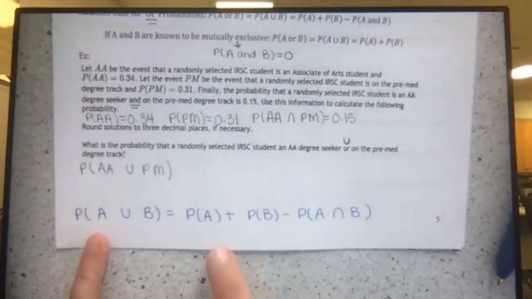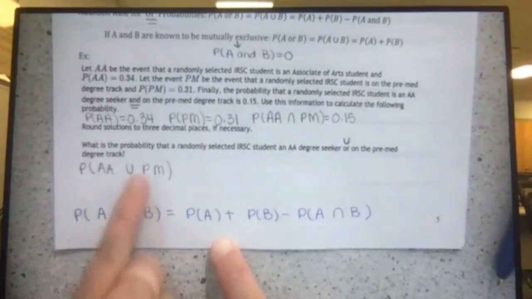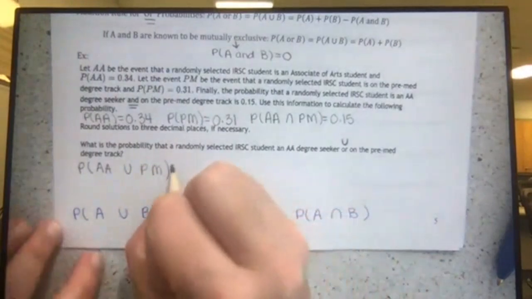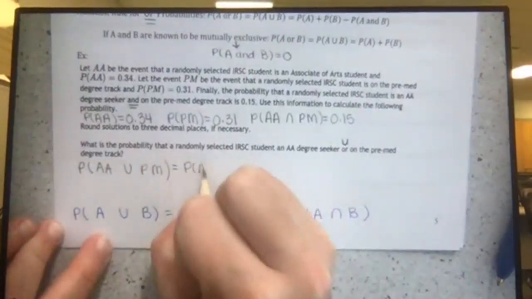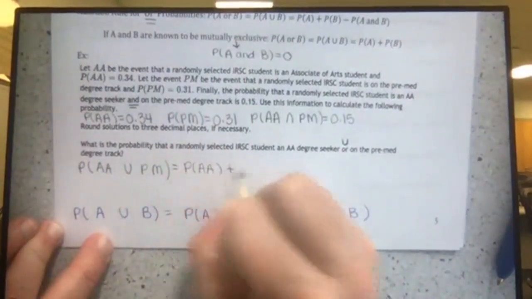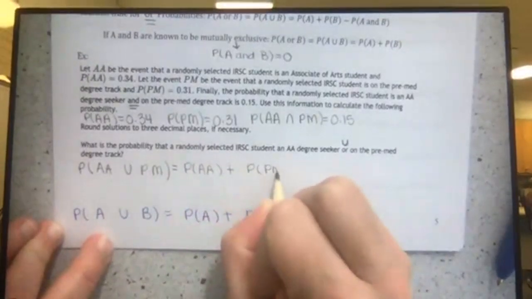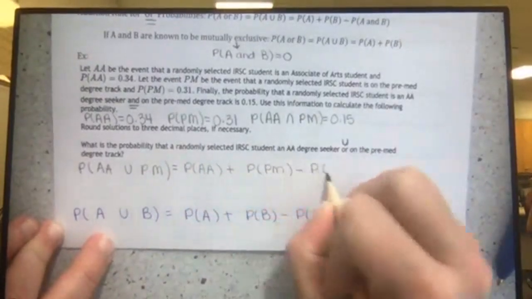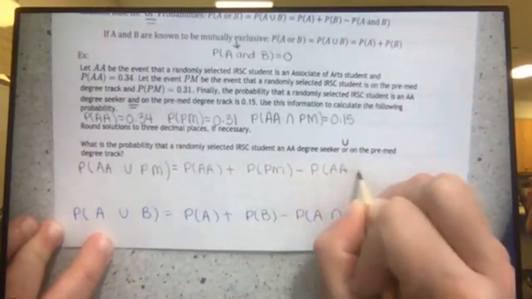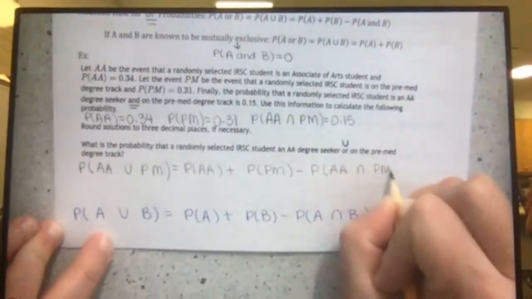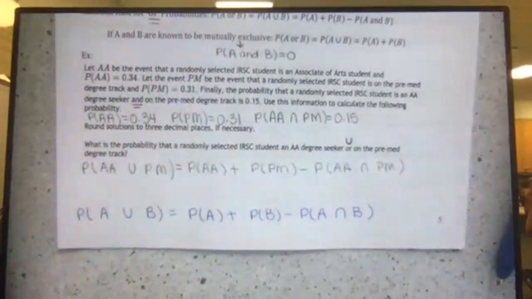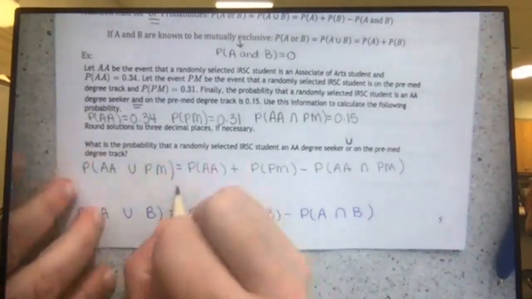So wherever I see A in my formula, I'll put AA track. Wherever I see a B, I'm going to put the pre-med track. So our formula should be the probability of AA plus the probability of pre-med minus the probability of both AA and pre-med. We have everything that we need, just plug in our numbers.